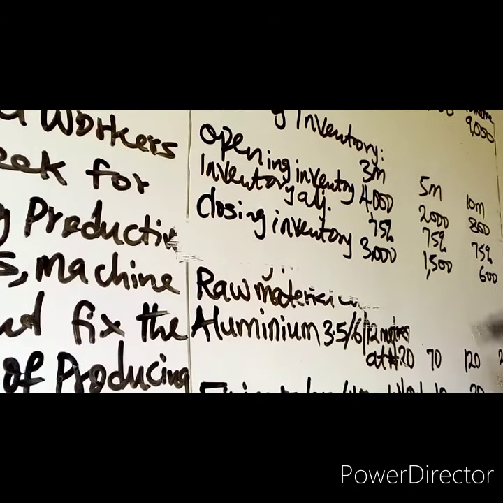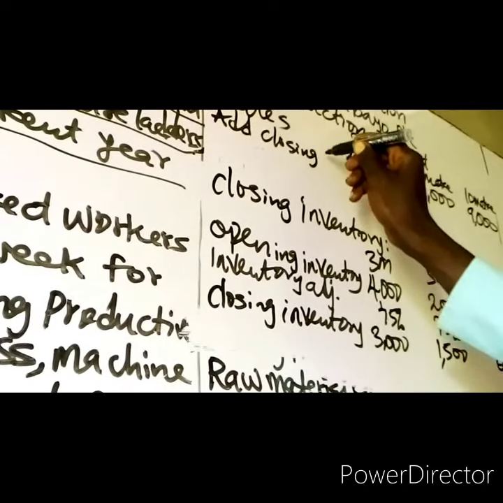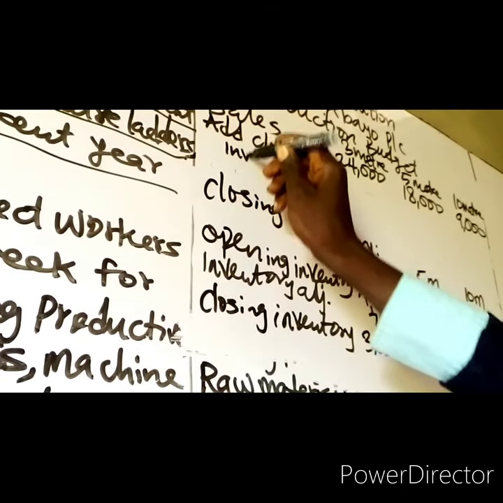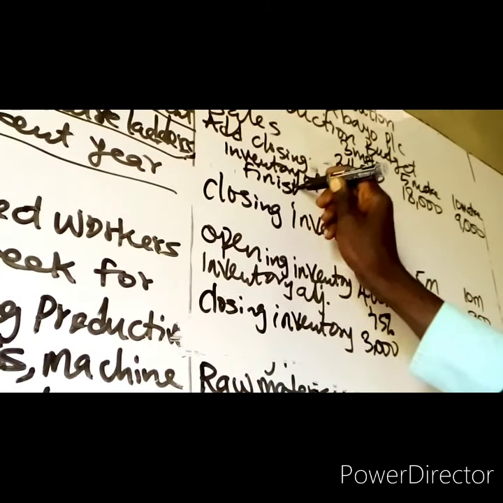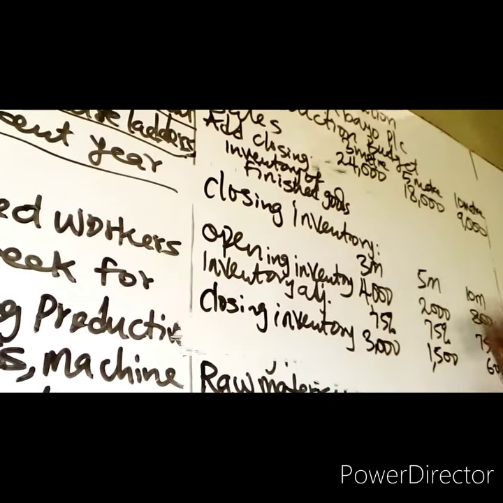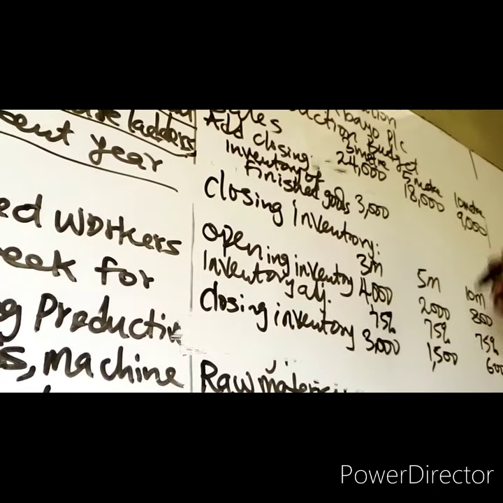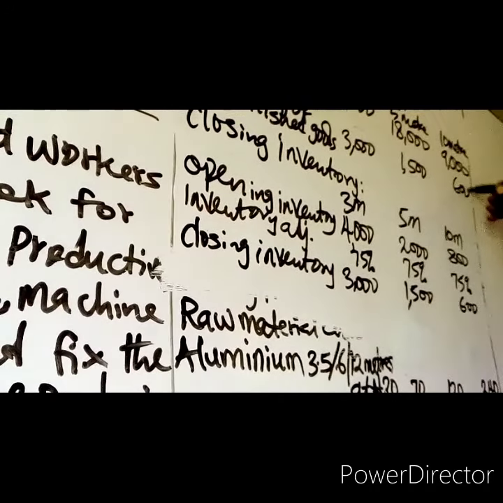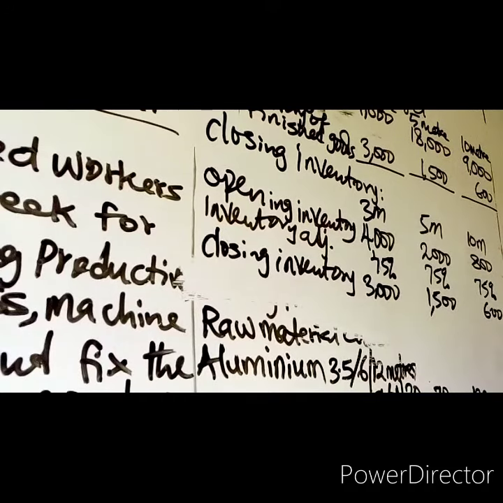That is the closing inventory of finished goods: 3,000, 1,500 and 600.